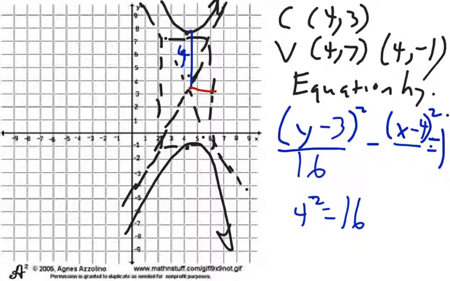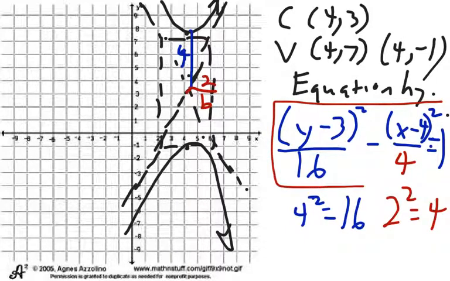How far it is to the side of the box is going to be b, which is 2, if I would have been able to draw this a little bit more accurately, and 2 squared is equal to 4. And since they only asked for an equation, I am finished with that particular problem.